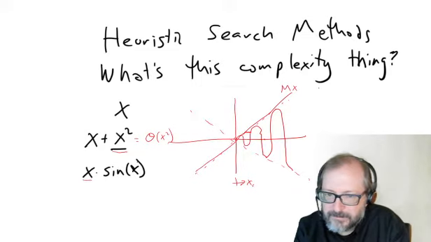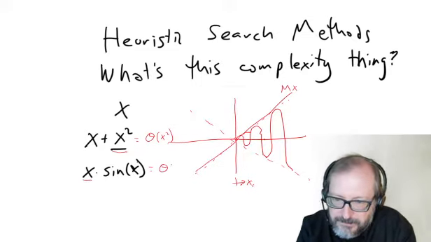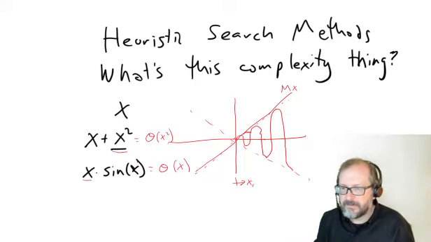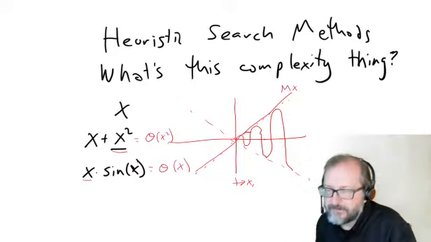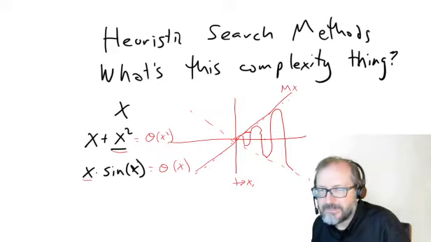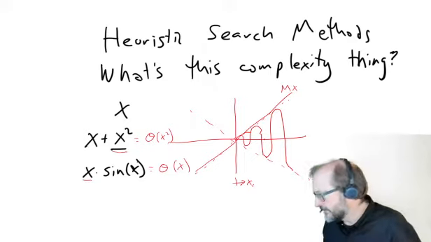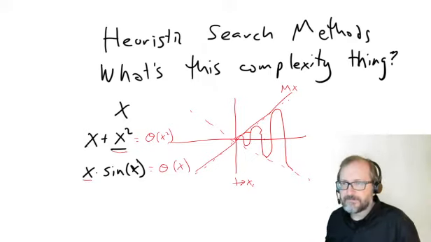Okay, so then that would be big O of x. And x times sine of x is not a terribly good example because it becomes negative for over half its range. But it gives you the idea of how to apply this definition of big O notation.